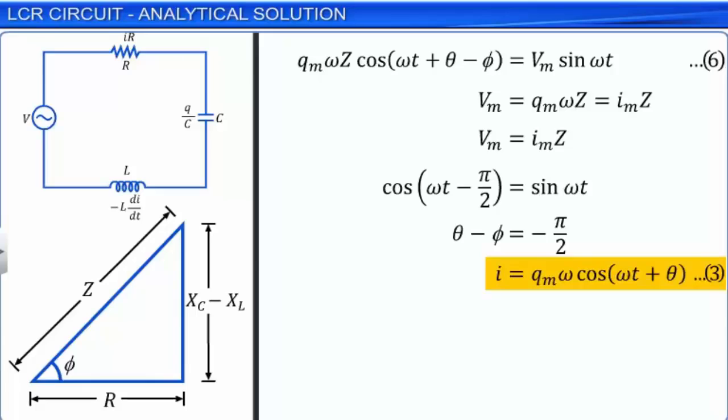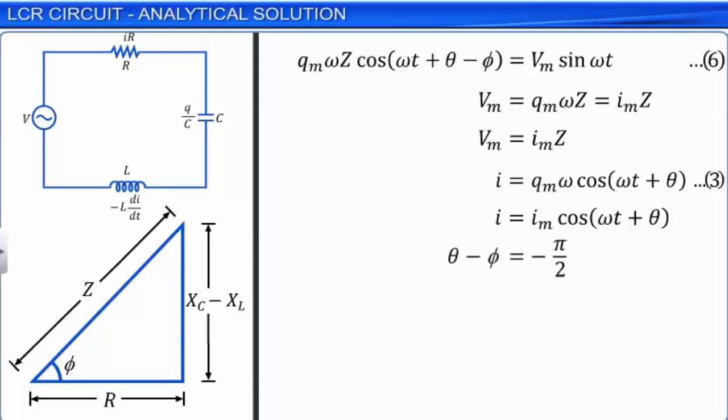Since theta minus phi equals minus pi by 2, we have theta is equal to phi minus pi by 2. We can simplify the above equation as I equal to Im cos(omega t plus phi minus pi by 2). Thus, we have the instantaneous current in an LCR circuit, I, equal to the maximum current in the circuit, Im, into sin(omega t plus phi).